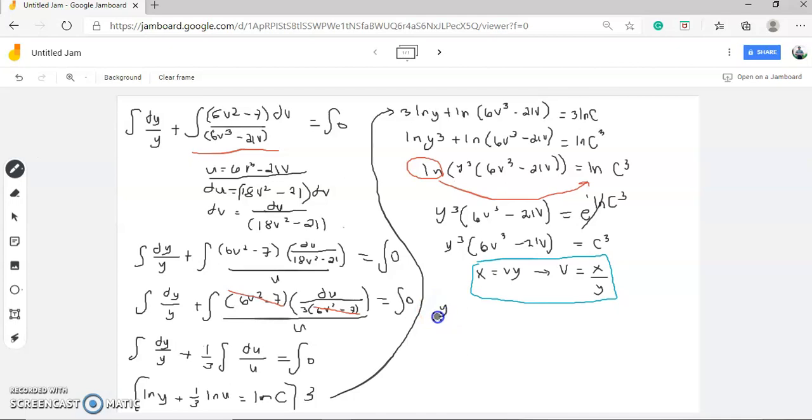So you have y cube times 6 x cube over y cube, diba?